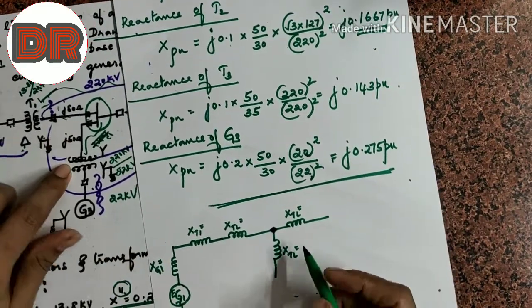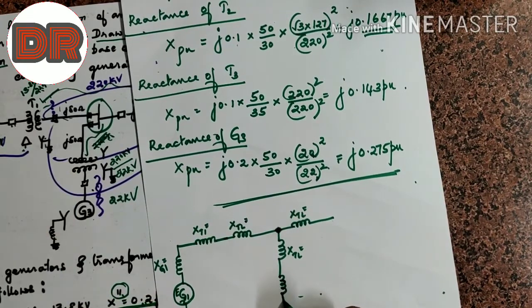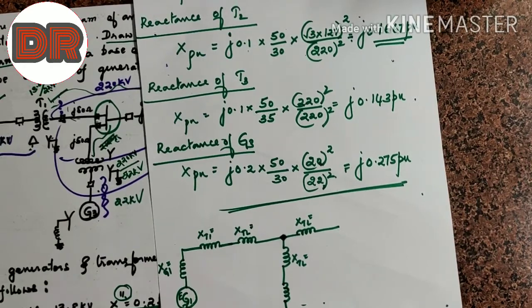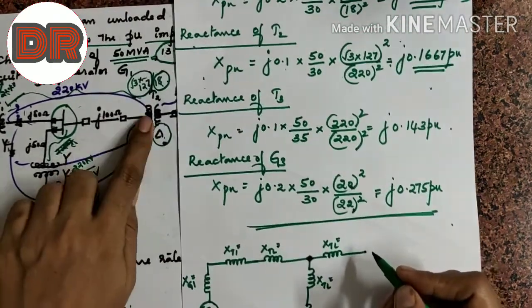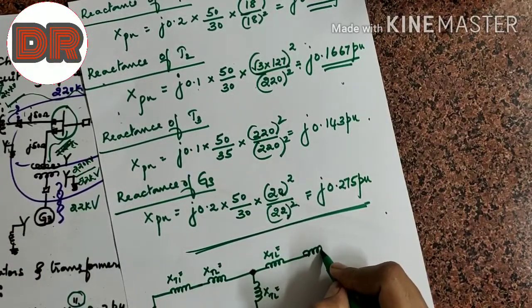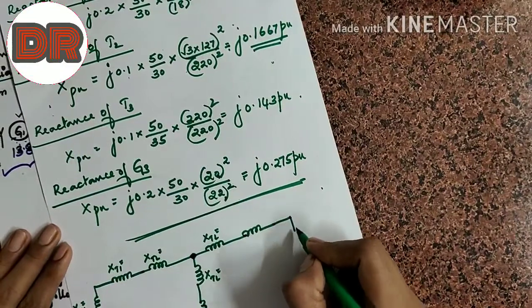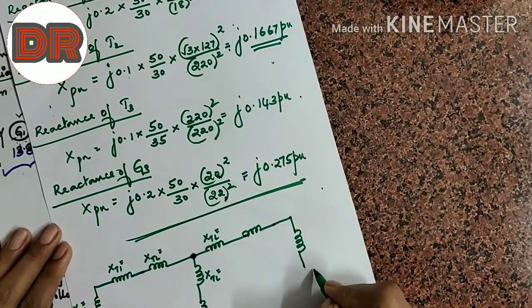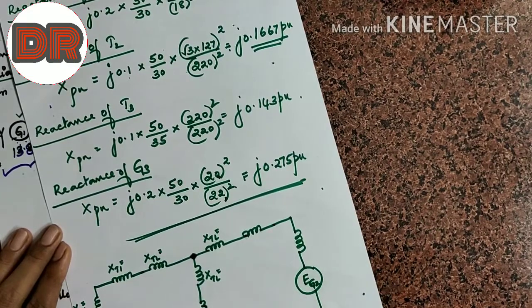After J50, here we have transformer. So for transformer, it is just reactance. Then we have generator. So for generator, reactance and EMF. So this is EG3. And you connect all the common points. And here, after transmission line, we have transformer. Then we have generator. So for generator, again I can add one reactance and EG2.